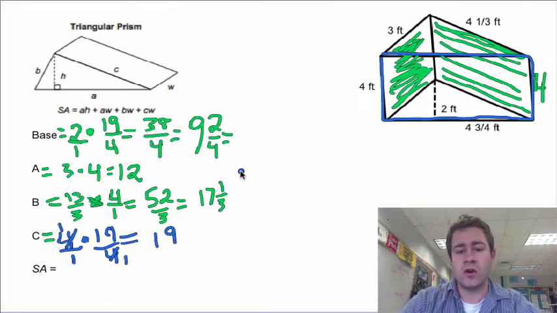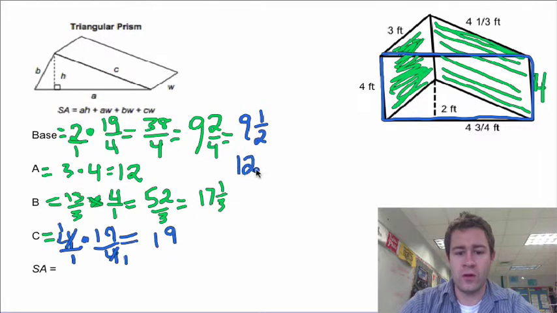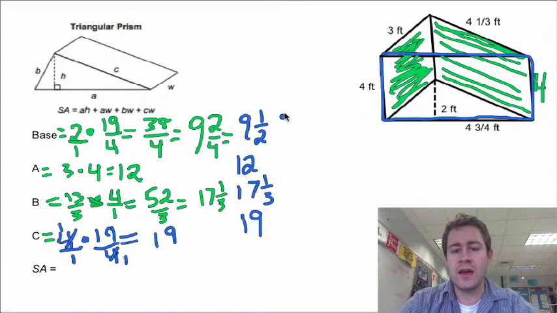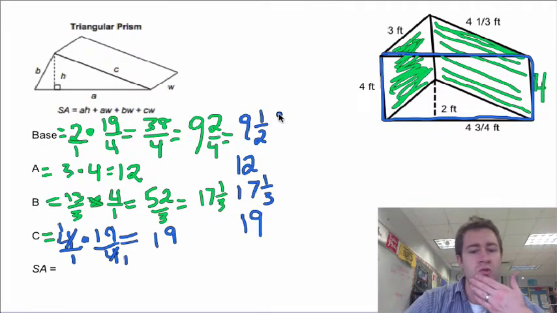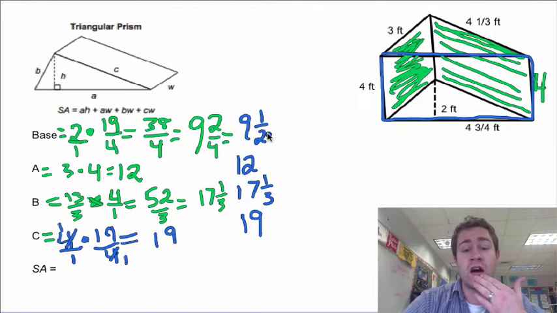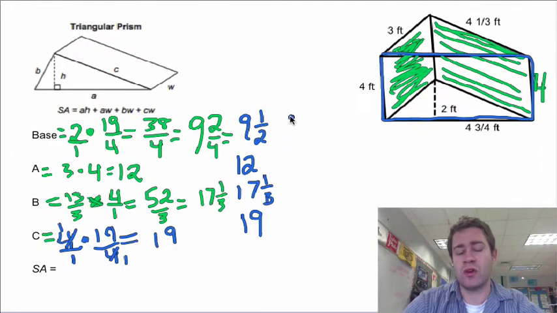Alright, so what I can do is convert this to 9 1/2. Okay, I have 12, and I got 17 and a third, and I got 19. So what I want to do is convert 1/2 and 1/3 into equivalent fractions which have a common denominator, the least common multiple of 2 and 3.